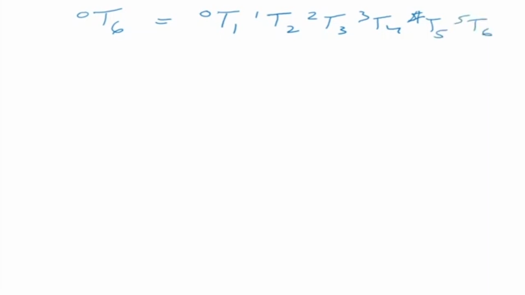Each of these matrices contains one variable: theta 1, theta 2, theta 3, theta 4, theta 5, and theta 6, right? Now we observe that if you multiply in a particular way, then it is possible to solve.